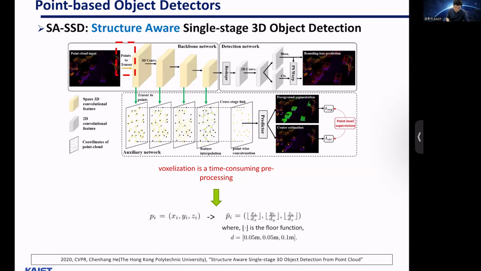So people also wanted to improve the performance of point-based object detector, and this is one of the more recent works, 2020 CVPR. It's called SASSD, structure-aware single-stage 3D object detection.